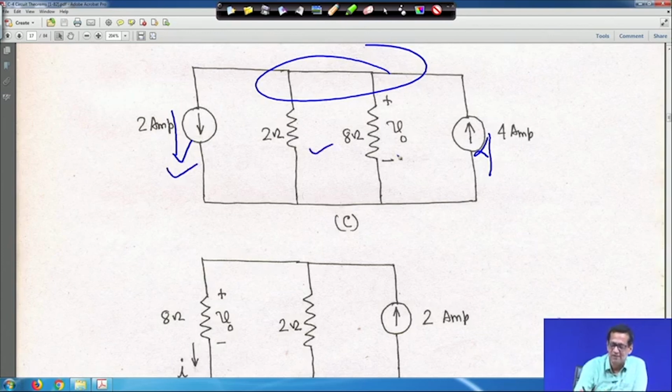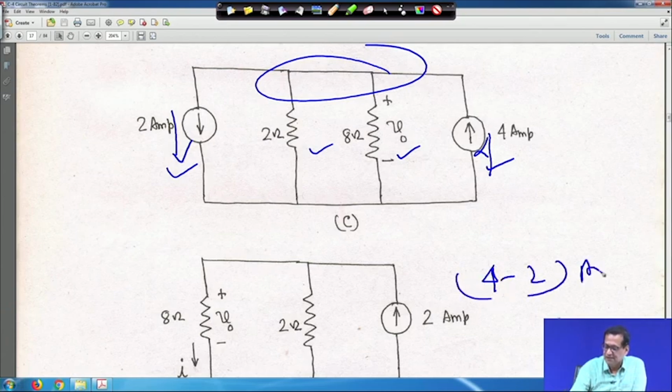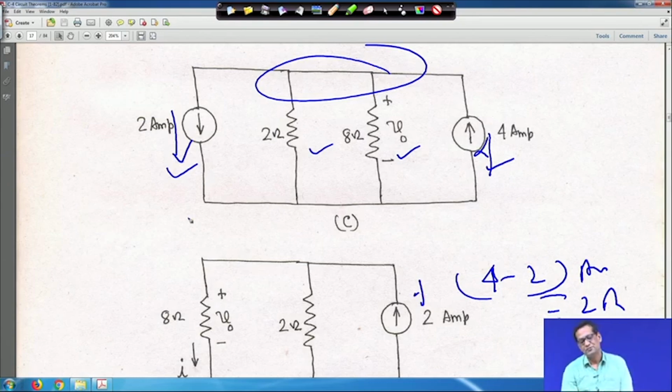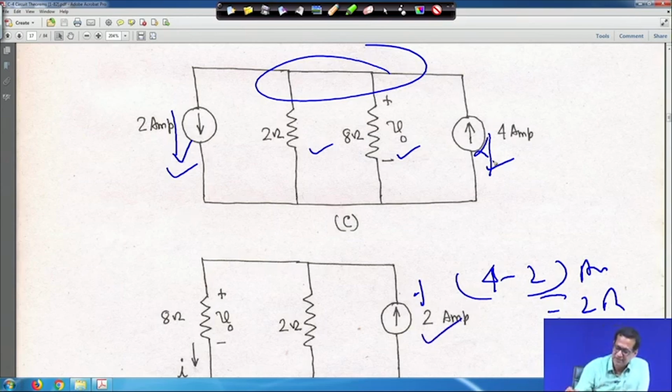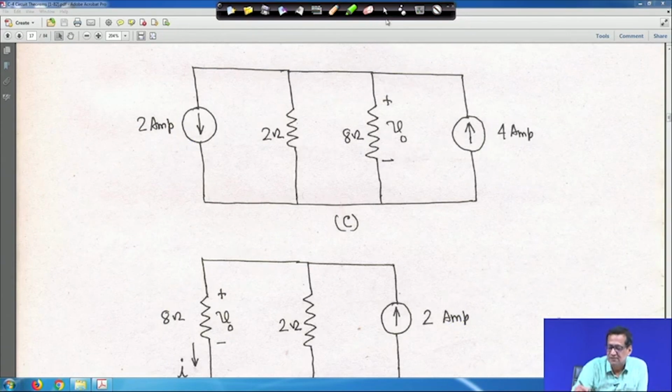So the resultant of 4 ampere upward and 2 ampere downward will be 4 minus 2, equal to 2 ampere upward. From intuition you can easily make it. So this is 2 ampere because of the resultant, and this is 8 ohm and this is 2 ohm. After this you go for current division.